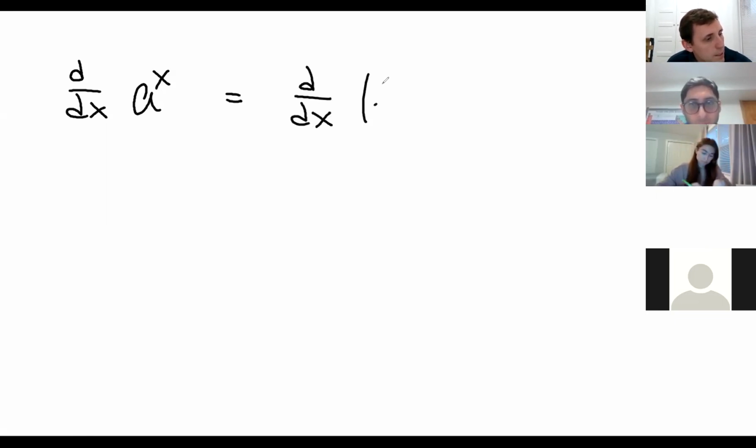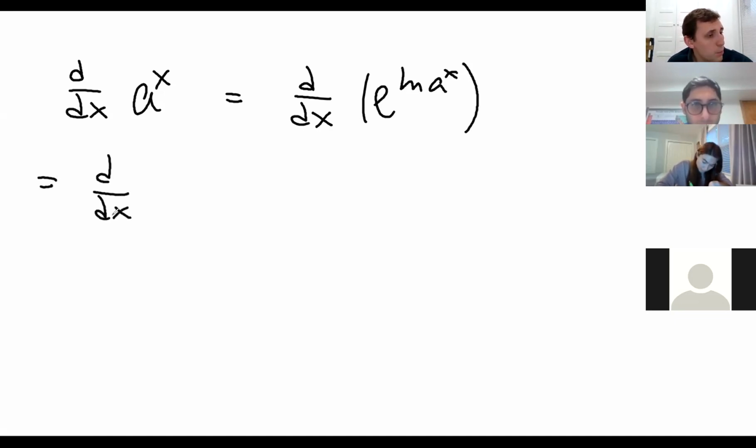So it's e to the x ln a. Do you see why I placed ln? Because I had a to the x, but I want to see e. Now, this is the derivative. I can move the x. Remember the properties of logarithms, guys? I can take this x and I can move it down.